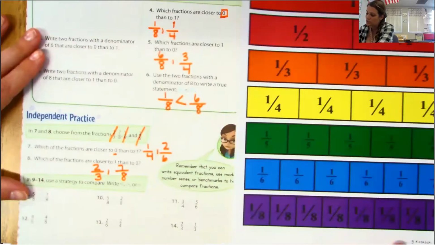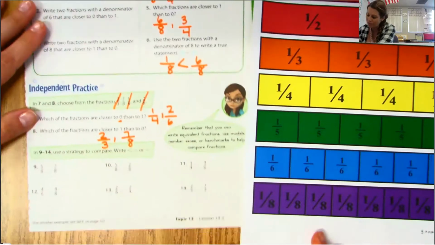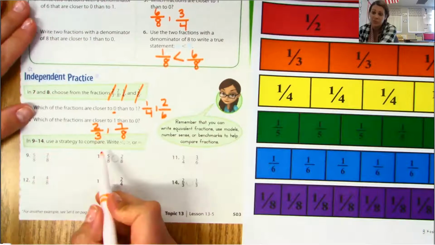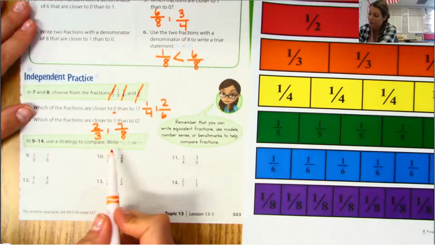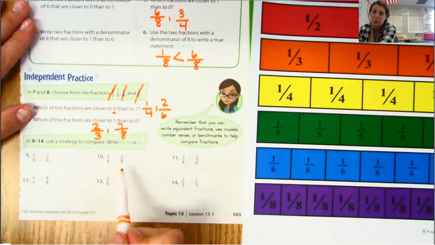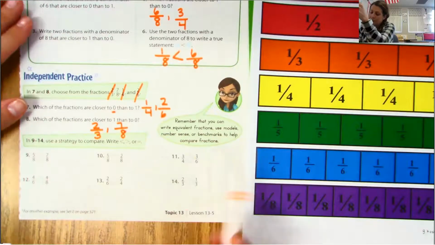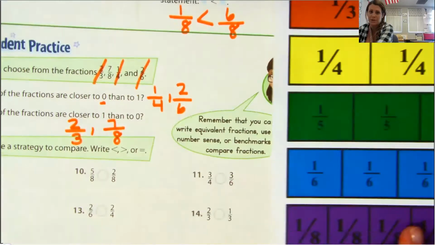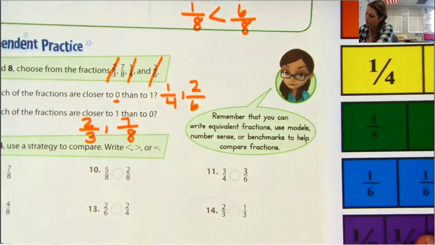Okay? So now we've got all these fractions and we have to compare them. We have to either figure out if it's less than, greater than, or equal to. So let's go ahead and look at number 9. And it also gives you a little tip here.